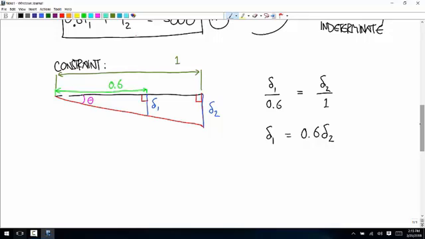And now we're going to use the relationship between the tensions in the cable and the deformations. So delta 1 is equal to the tension in cable 1 times the length of cable 1, so whatever those lengths are.